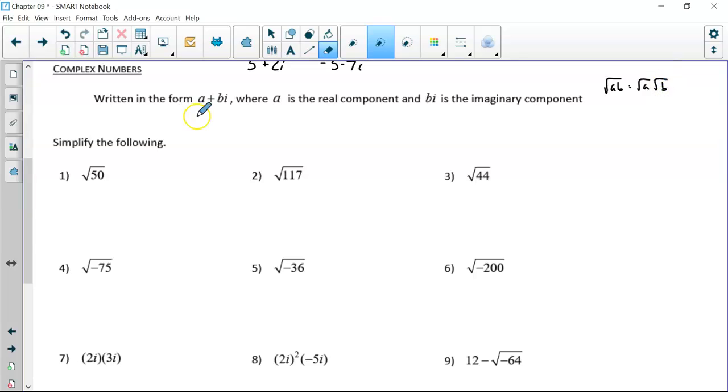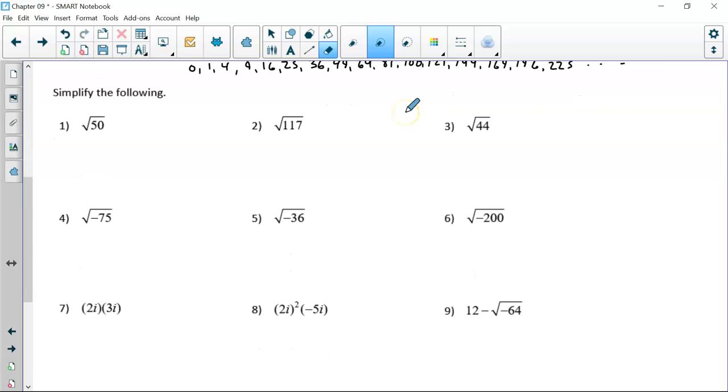Now, talking about our perfect squares: 0, 1, 4, 9, 16, 25, 36, 49, 64, 81, 100, 121, 144, 169, 196, 225, and it keeps going. Those are our perfect squares, just like we've been doing before. So we're going to be simplifying.